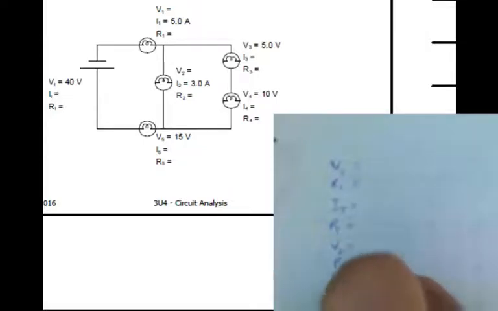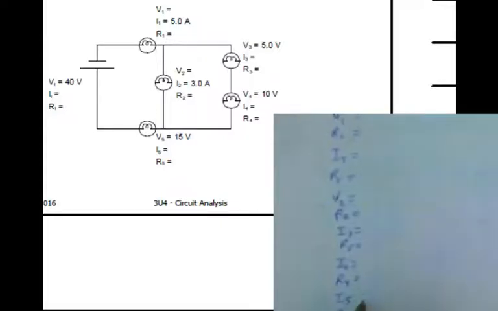And I3, R3. I4, R4. I5, R5. So a big list of these here. So let's work on these.